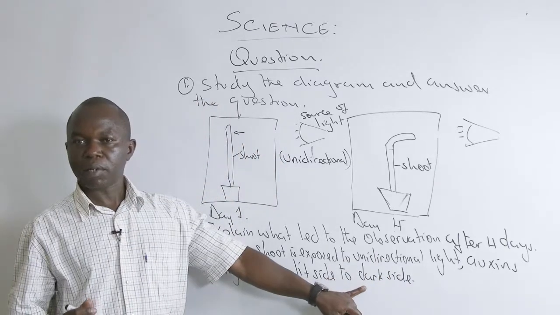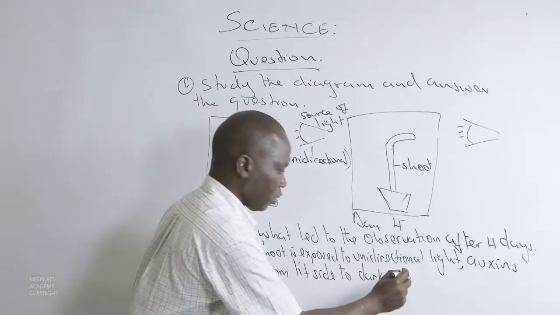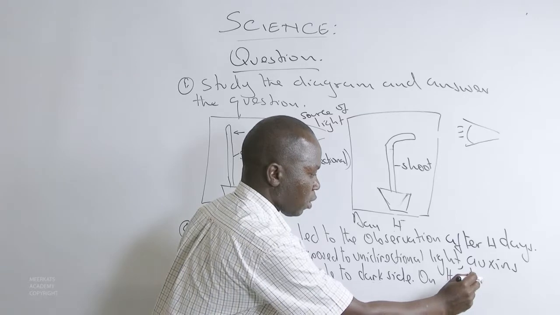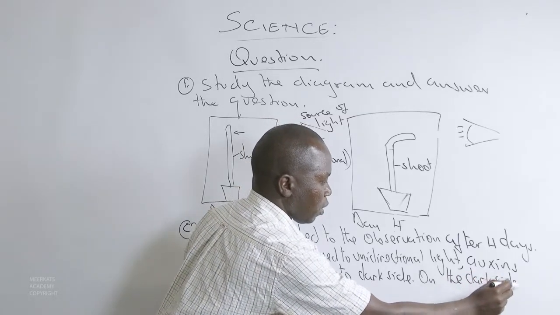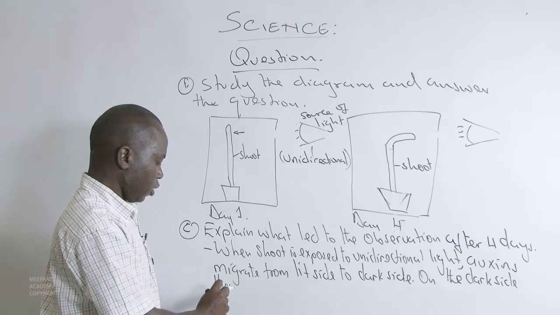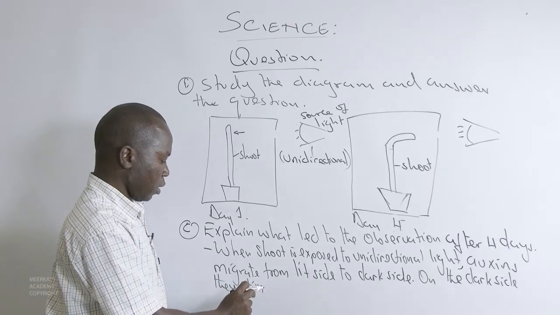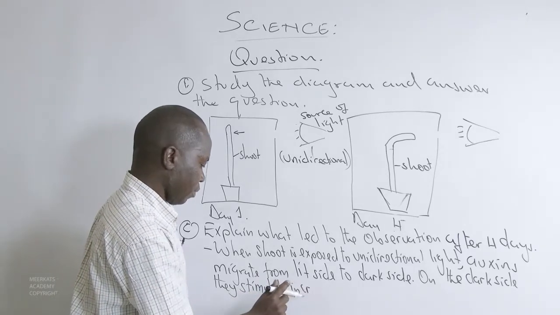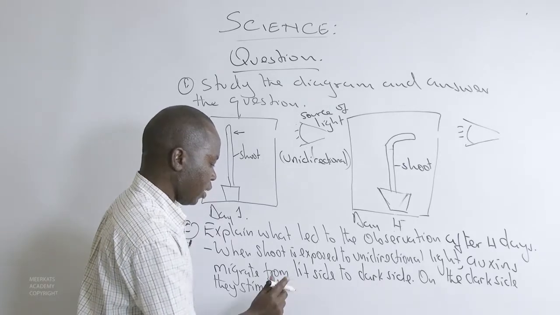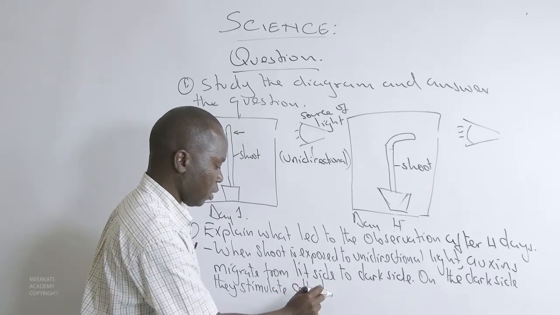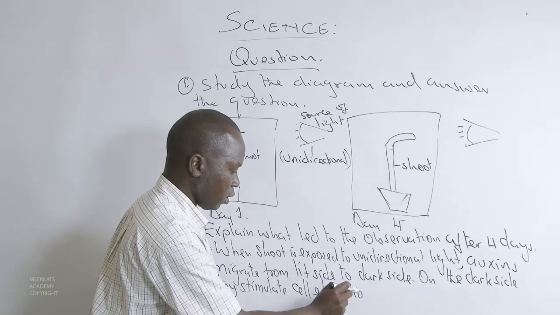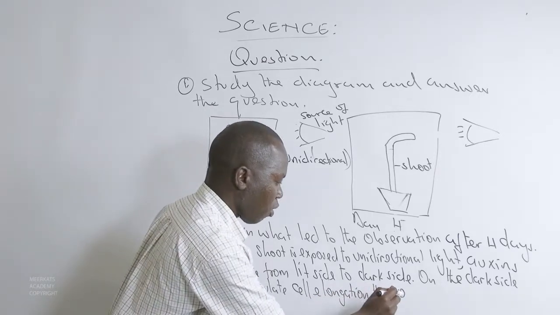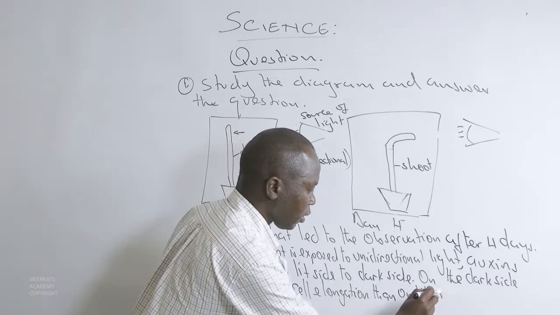So on the dark side, they'll cause increased cell elongation, they stimulate cell elongation, than on the lit side.